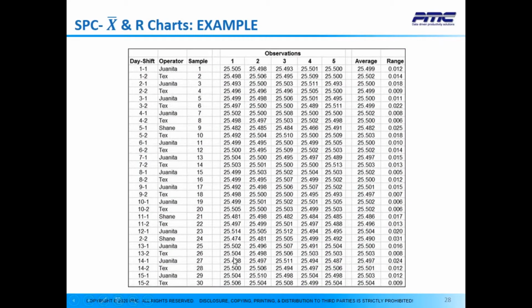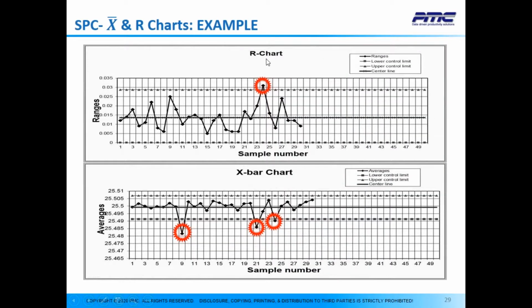Here's the actual data. The data was collected over 15 days. Let's look at the bottom chart first. When we charted out the X bar, we're seeing 3 data points that are out of the control limits, so it fails the first test.